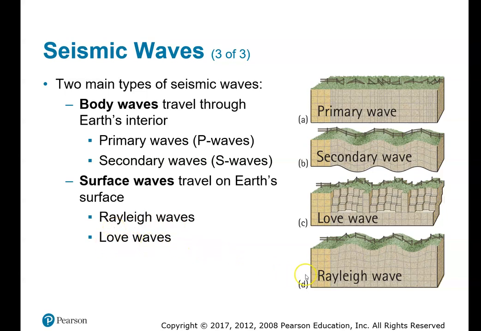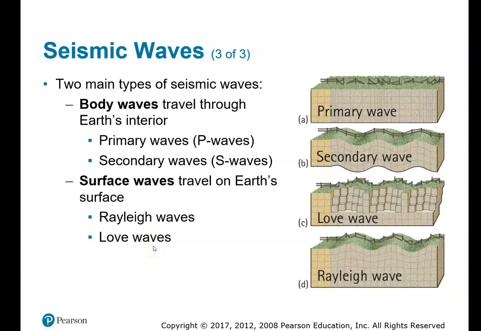The difference between them is that Rayleigh waves travel up and down. Imagine people with large ropes in each hand, lifting them up and down in a workout. So the waves are going up and down vertically.